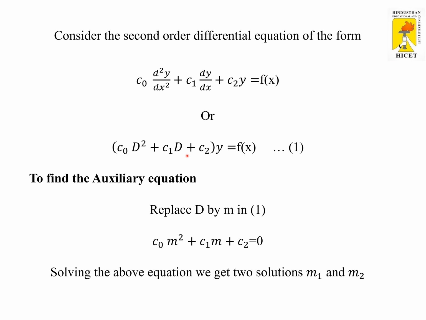If the root m is in the form of a complex number, then the real part is denoted as alpha and the imaginary part is denoted as beta. Then the complementary function is e^(alpha x) (a cos beta x plus b sin beta x).